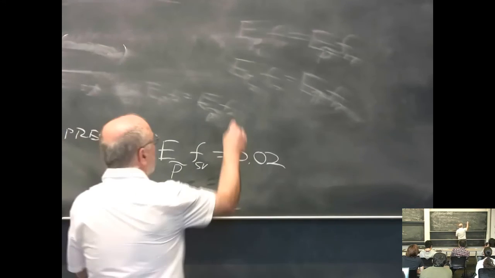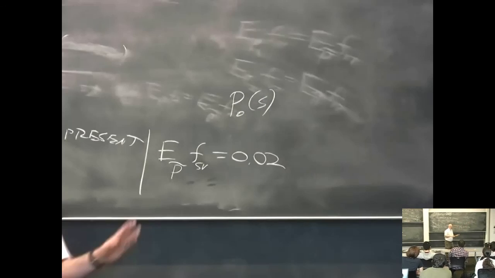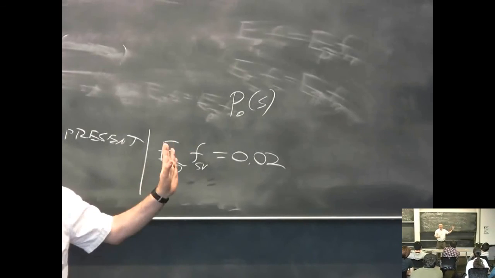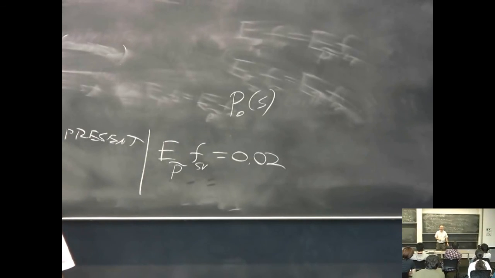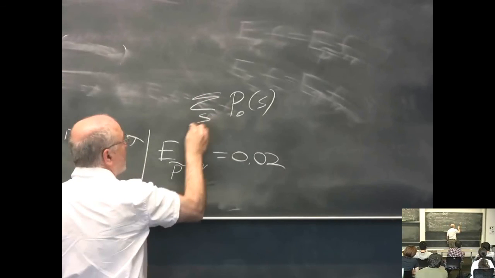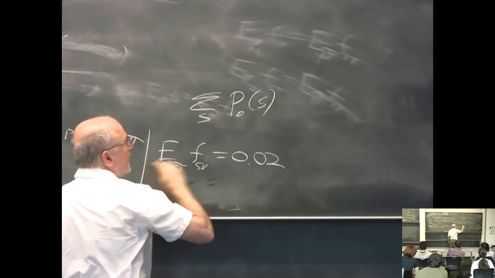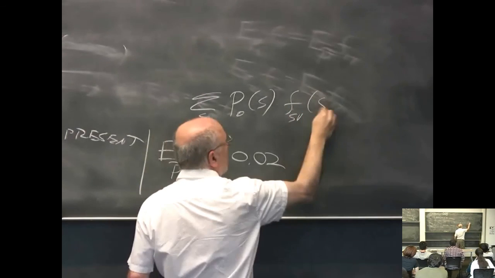Call it P sub 0 of the sentence. If you trusted P sub 0 and didn't want to modify it, you could use it to calculate the expectation of that violation. You do it by summing over all sentences the probability that your model assigned the sentence times that specific feature value of the sentence.